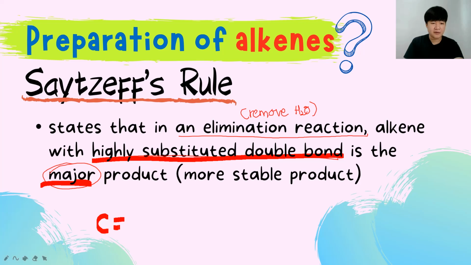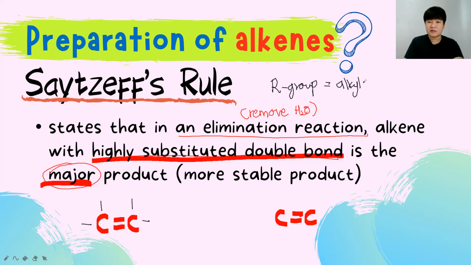If I have a carbon-carbon double bond over here, highly substituted means the double bond is holding more alkyl groups. An alkyl group is an R group, and the easiest way to say it is a carbon group. So the more carbon groups, the more highly substituted your double bond is.